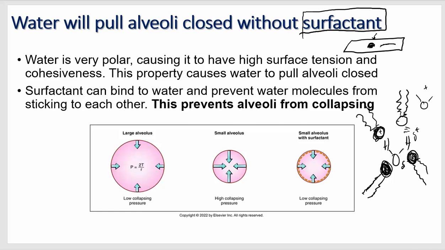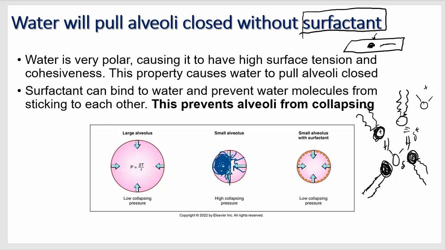and that's what prevents alveoli from collapsing. So if you can imagine a drop of water gets in here, and I'll just make it blue just because it's water. If a drop of water gets here, and if it's a small alveolus, it's just going to pull it closed. All of this area is just going to pull that whole thing closed.